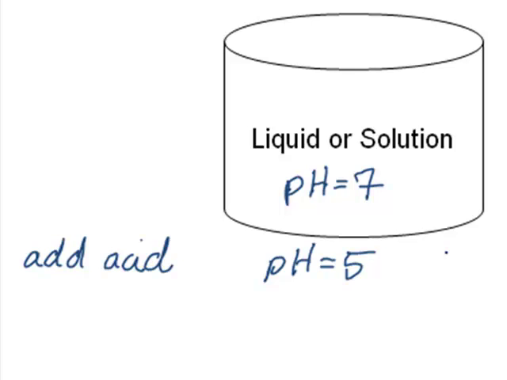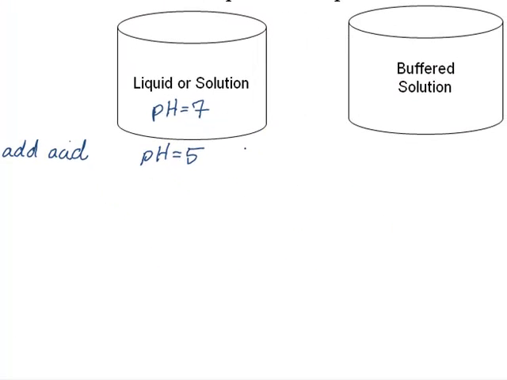If you had something that's called a buffered solution or a buffer instead, this is a solution that actually resists changes in pH. So if your buffered solution also started at a pH of 7 and you added the exact same amount of acid, everything the exact same, we'd expect the pH to change much less significantly, maybe to something like 6.8 or 6.9.